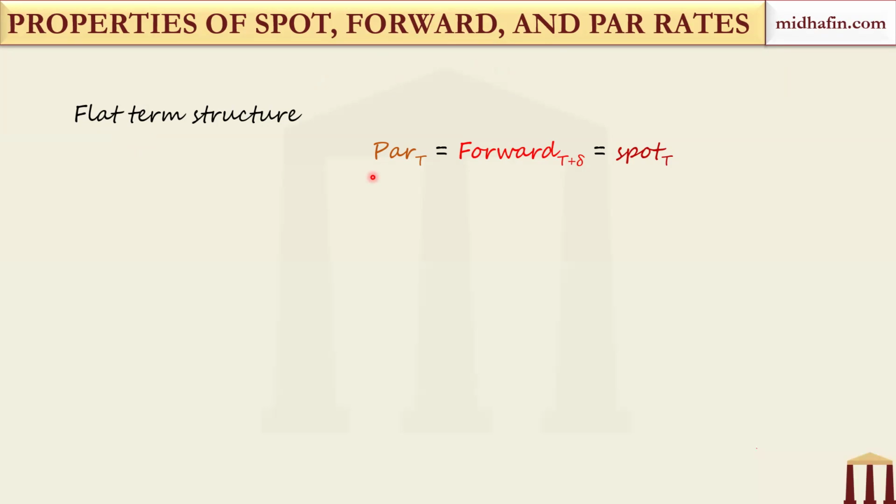So in the question, if you see that it is written the term structure is flat at 4%, for example, you can assume that all the rates, if let's say you have to do calculations using spot rates, be it 1 month spot rate, 1 year spot rate, 1.2 year, 1.5 year, 10 year spot rate, all the spot rates are 4%. All the forward rates are also 4%. And all the par rates are also 4%.